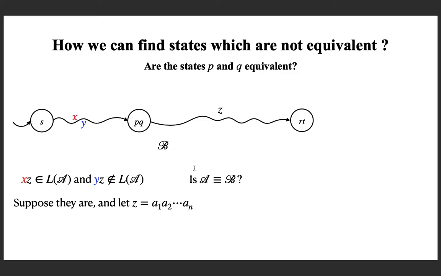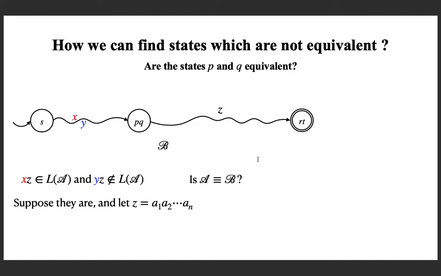Now, we are asking this question, is A and B equivalent? Note that XZ is not in the language and YZ is not in the language, because you assume that RT is made a non-final state, then both are not in the language. But here XZ is in the language, so they are non-equivalent.